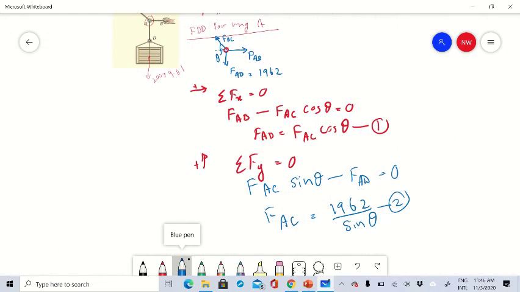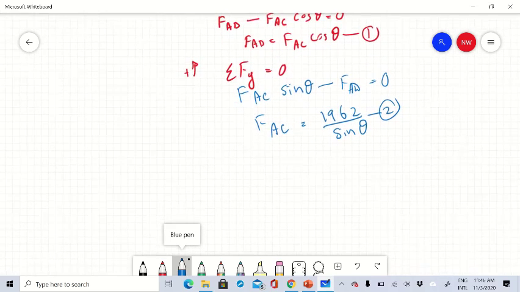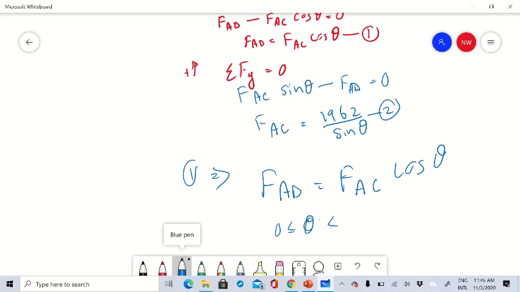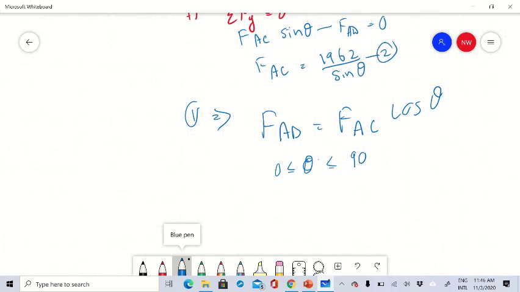So which force is larger then? From equation 1, we can see FAB is equal to FAC cos theta. We know theta is greater than 0 and less than 90 degrees, which means that cos theta is smaller than 1 and larger than 0.